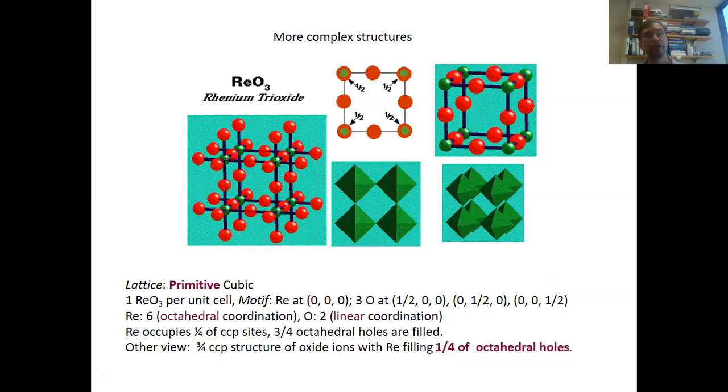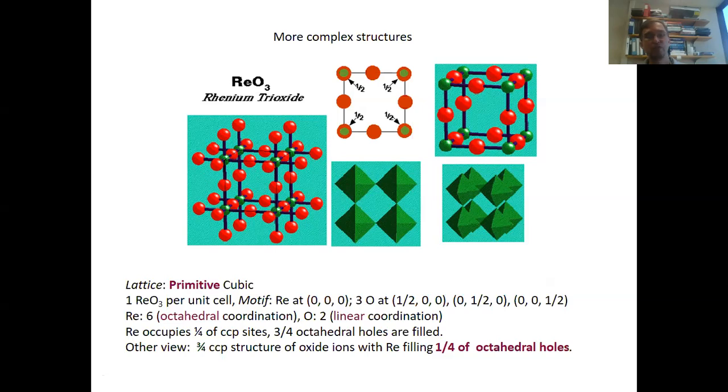Now you see that the edges of the unit cell are filled by oxide ions, but the body center of the unit cell does not contain an oxide ion. And you know that the body center of the unit cell also represents an octahedral hole. So that body center fully counts because we are in the interior of the unit cell.